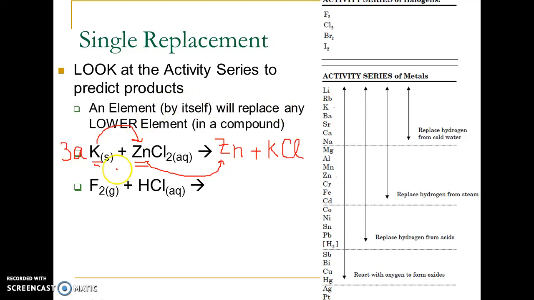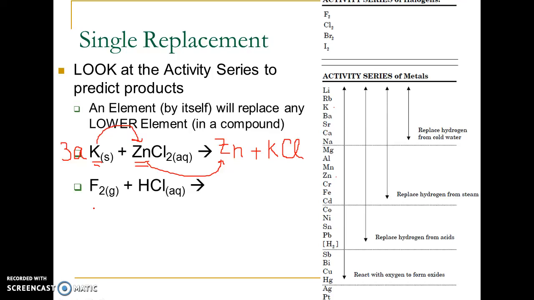Here is number 2. This is fluorine plus HCl. All right, I'm going to look at my reference table. I'm going to decide what type of chemical reaction this is. This is a single replacement. I do not have any metals here, so it cannot be a metal-metal replacement, or an active metal replacing hydrogen from water, or an active metal replacing hydrogen from acid.